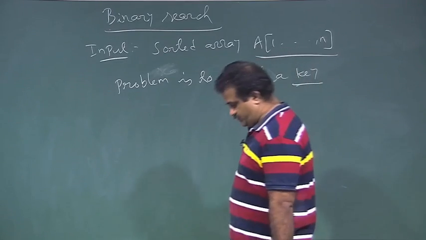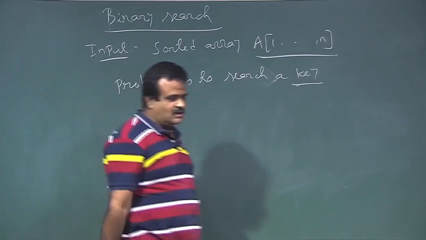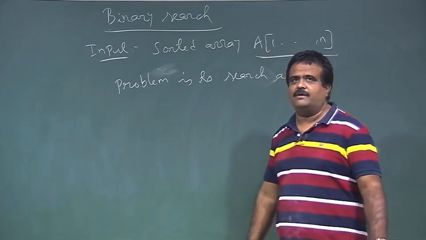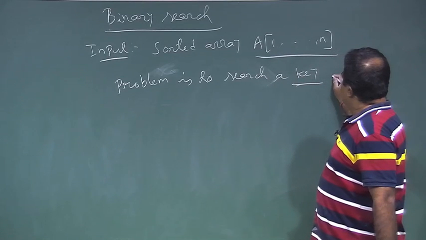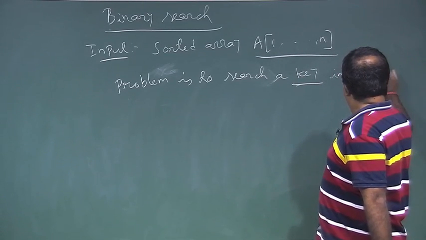This is also another input, another integer or real number. We need to search whether this is present in the array or not. Search the key in the array. So, this is the problem.